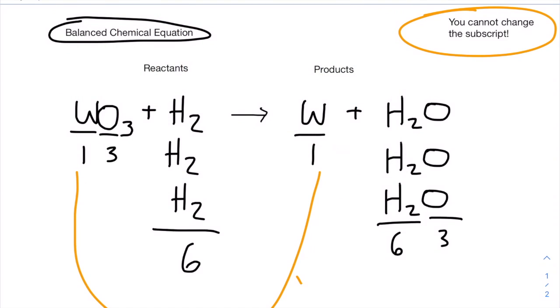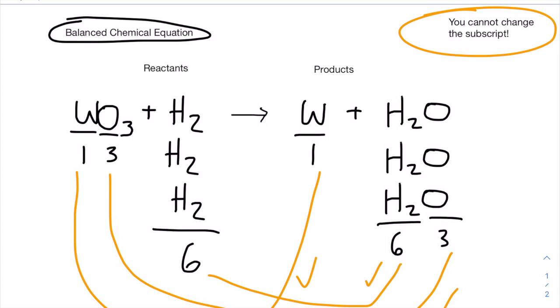Tungsten is balanced. Oxygen is balanced. Hydrogen is balanced. Boom, we nailed it. All right, now when people write chemical equations, they don't like the clutteredness of having to write this 3 times or this 3 times. And that's why we have coefficients.